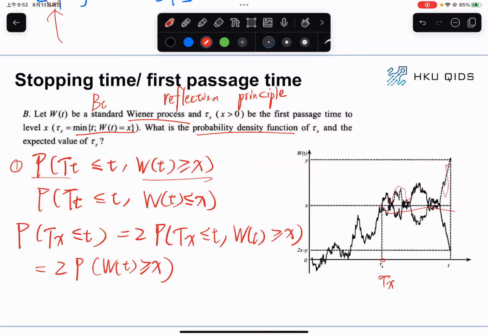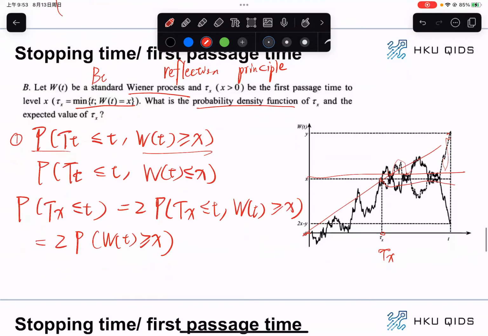Because if W_t is already larger than x, then tau_x should always be smaller than t, right? Because by the intersection point, if W_t is above this line and we're starting from 0, there must be some point that tau_x has been there, okay?